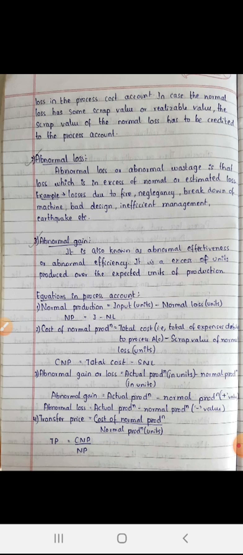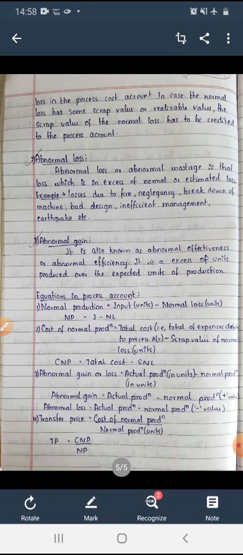If the actual production is more than the normal production, then it is an abnormal gain. And if the actual production is less than the normal production, giving a negative value, then it is the abnormal loss.